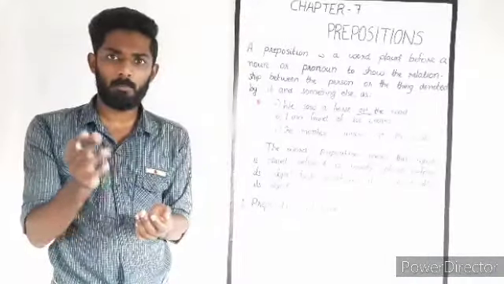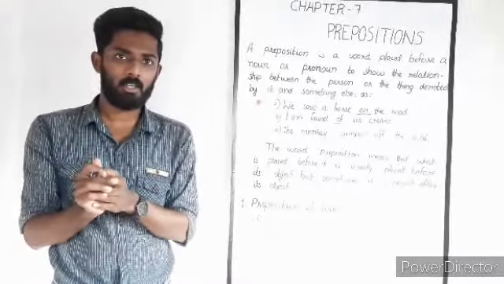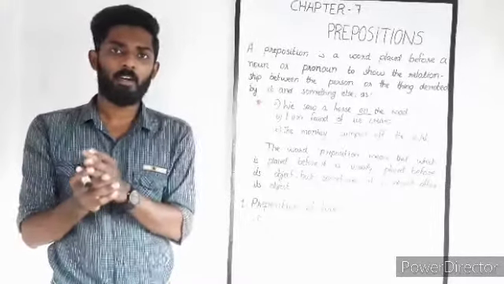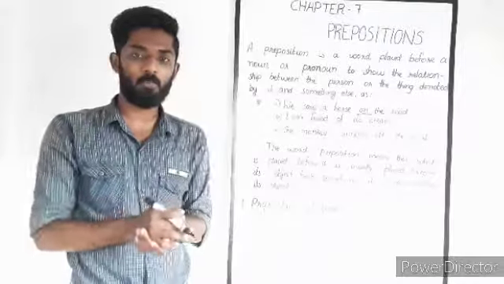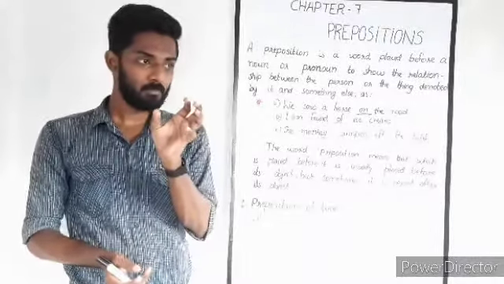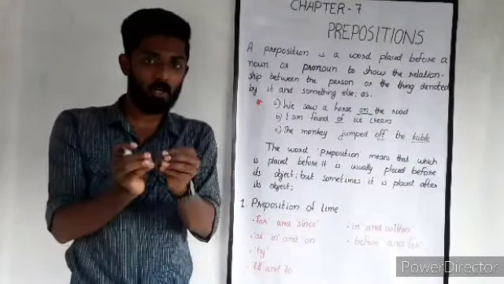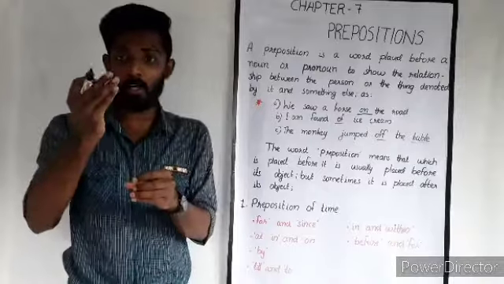Or else a relative pronoun understood in a sentence. For example, that is the pupil I was speaking of, or that is the pupil whom I was speaking of. So here we know that a relative pronoun is used. Even if you are not using it, we will understand that a relative pronoun is used.